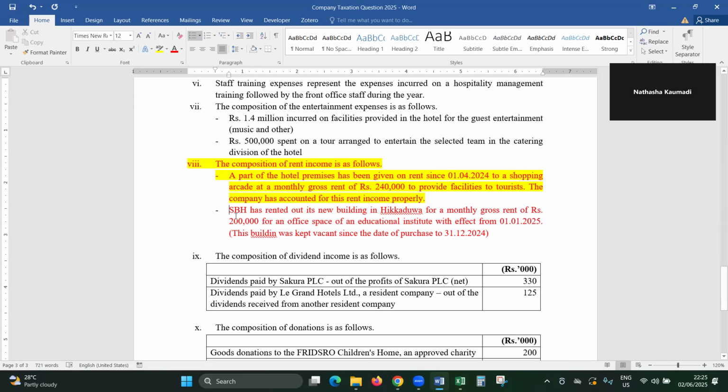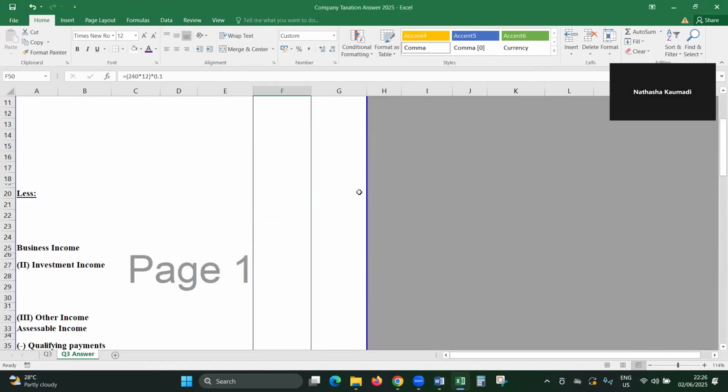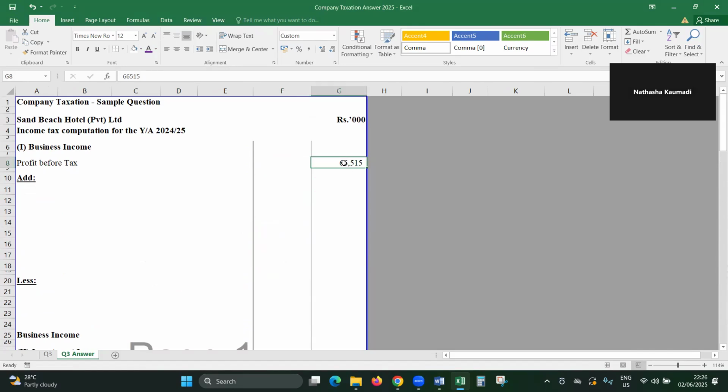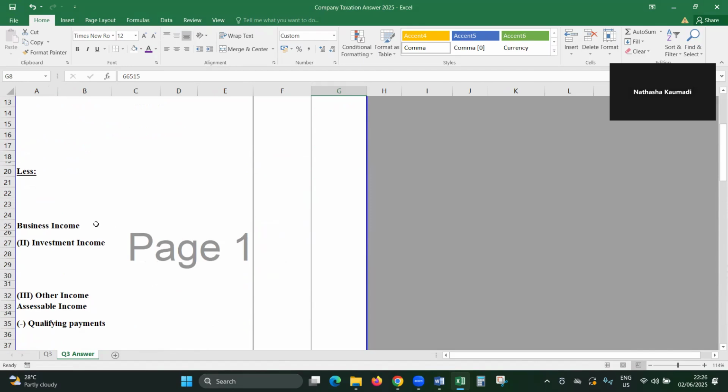200,000 gross rent income multiplied by how many months? 3 months. Only 3 months. So 600,000 rent income has been recorded under profit before tax now. Now, can we keep it under profit before tax? Can you keep that 600,000 in this profit before tax, or should we take that 600,000 to investment income? You have to.